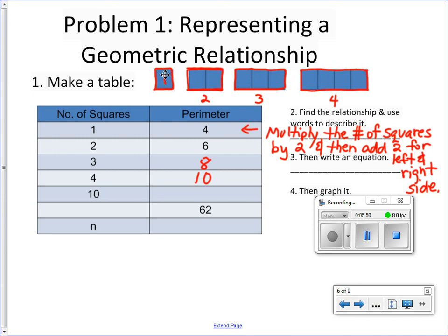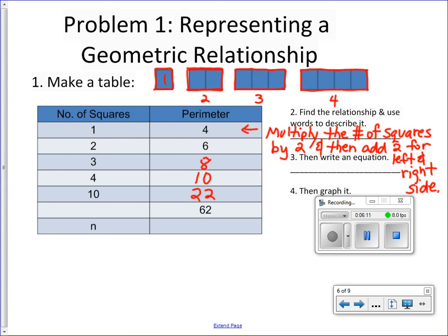All right, so when we get down to 10 squares, we would want to take 2 times 10 for the top and the bottom, which would give us 20, plus 2 would give us 22 for our perimeter.